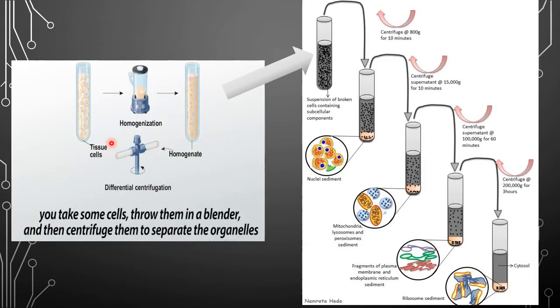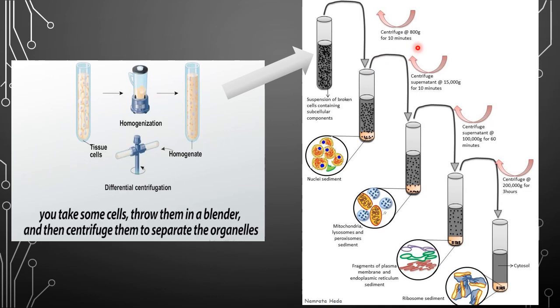If you have tissue cells, we can use a technique called differential centrifugation to separate the different organelles. Firstly, we homogenize these tissue cells and we have a homogenate. This homogenate contains a suspension of broken cells and their components, essentially the organelles.